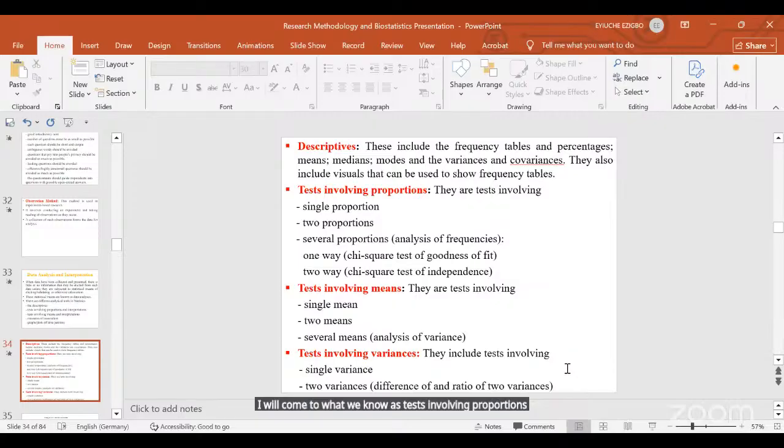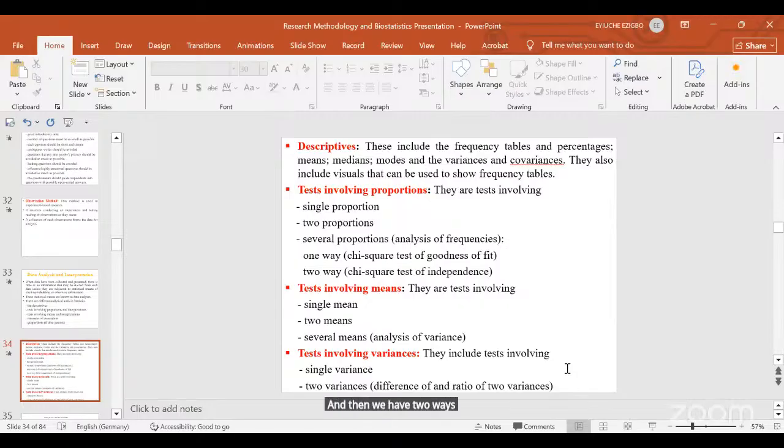Tests involving proportions, and I have said here that there are tests involving one single proportion, the second is two proportions, the third is several proportions. Then, when we are coming to several proportions, we may have one way and then we may have two ways.